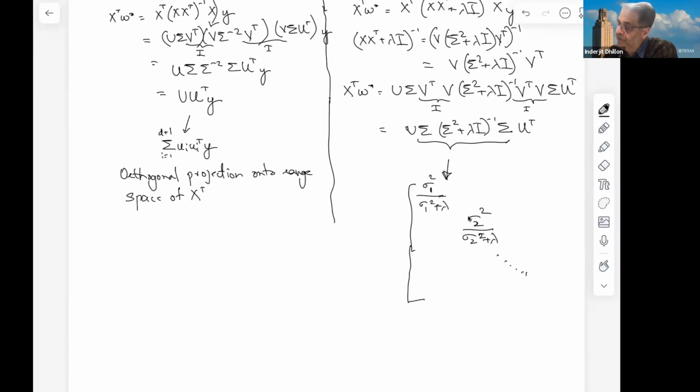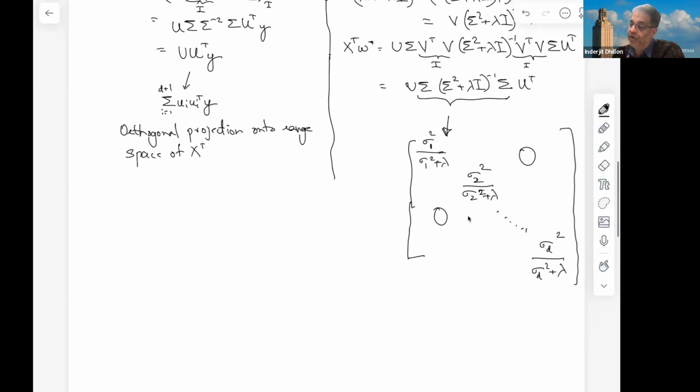Okay, and it's sigma d square divided by sigma d square plus 9. So it's a diagonal matrix, zeros on the off diagonals, okay? And if I want to get a similar representation over here as here, right?